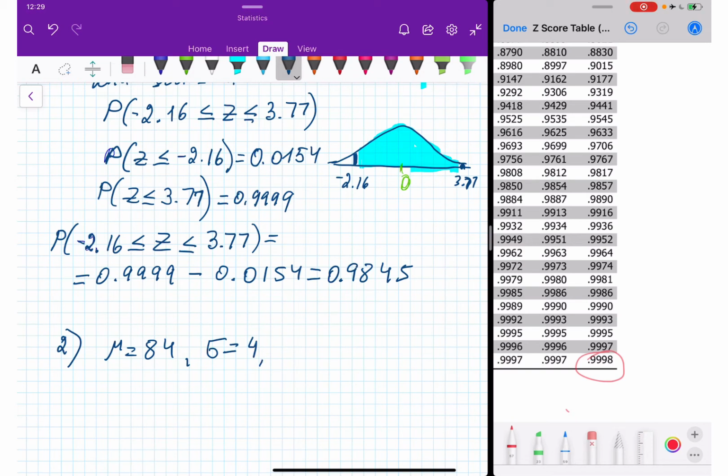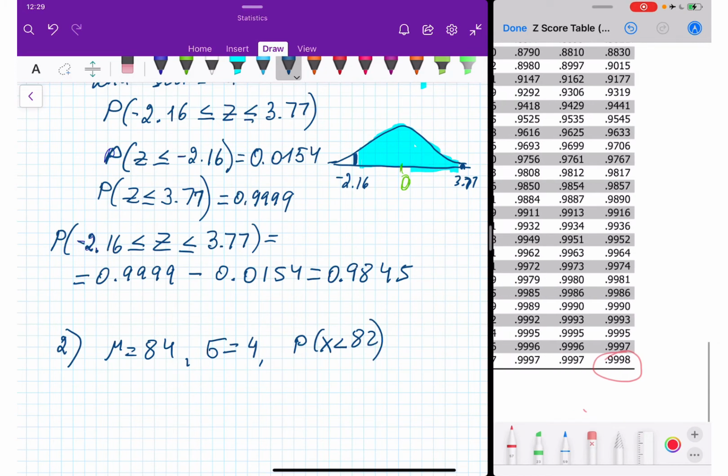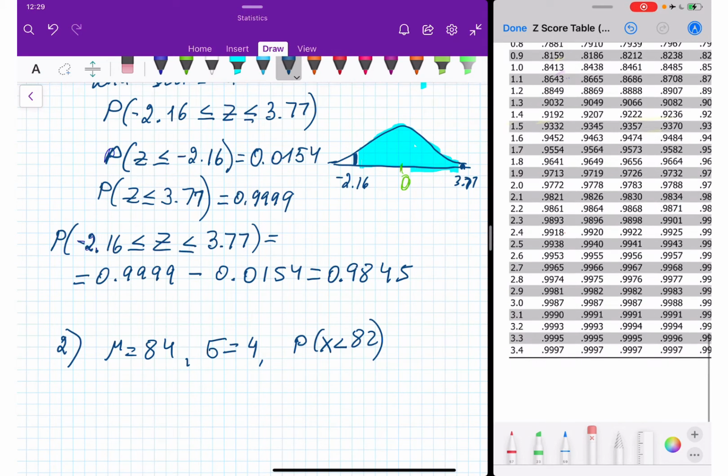So we need to find the probability for x less than 82. To find a probability, it is clear that we are going to deal with the table, correct? Now, what we know is that x doesn't have access to the table, only z-score.